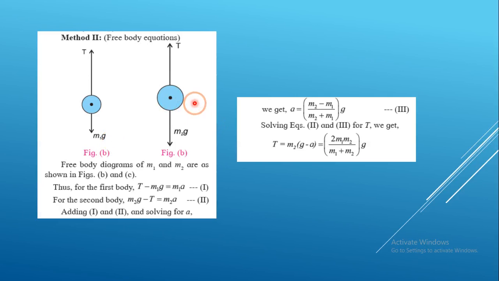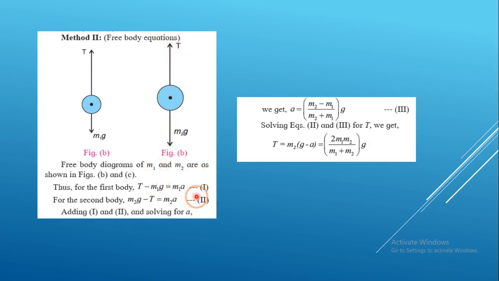Similarly, for the second body, this mass is larger than the first one. So m2g has a value greater than T. So m2g minus T is equal to m2A.